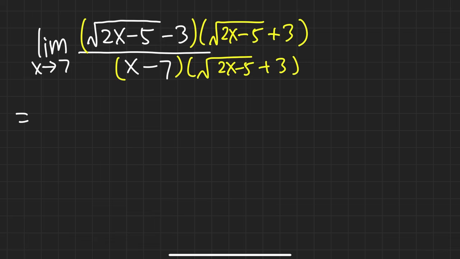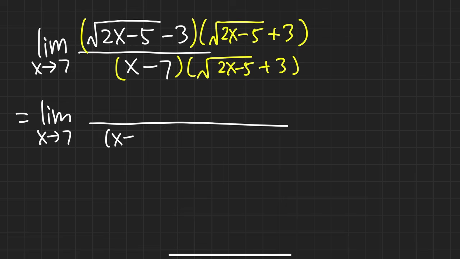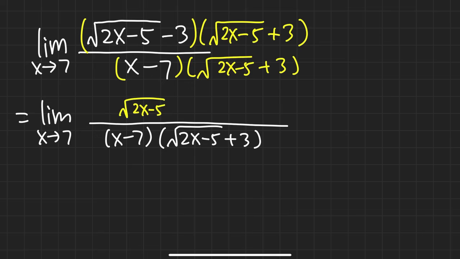Okay, so here we have the limit as x approaching 7. On the bottom, just leave it. On the top, multiply it out. A minus b times a plus b, we just get a squared minus b squared. So we square the first term. And then minus square the second term.